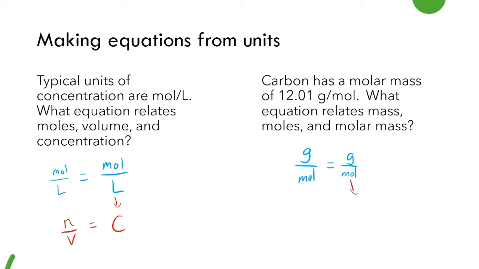So grams per mole, that they just told us was a molar mass, so we can call that MW. And grams can be represented as mass. And moles, well, we know that's N. Amazing! Just based on the units of molar mass, we've figured out how to relate mass, moles, and molecular mass.